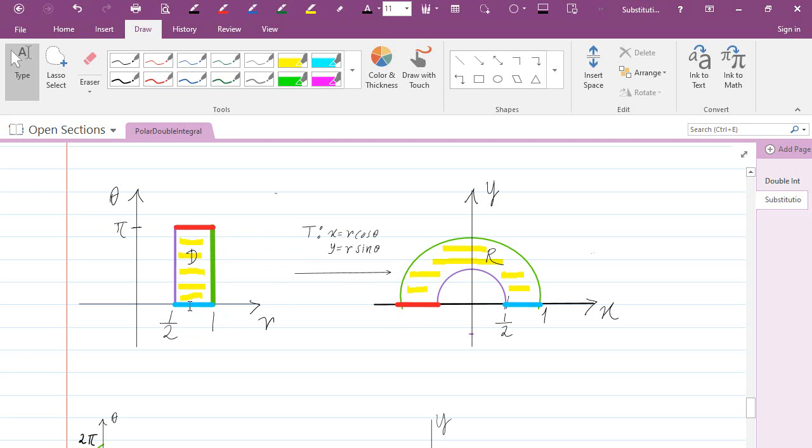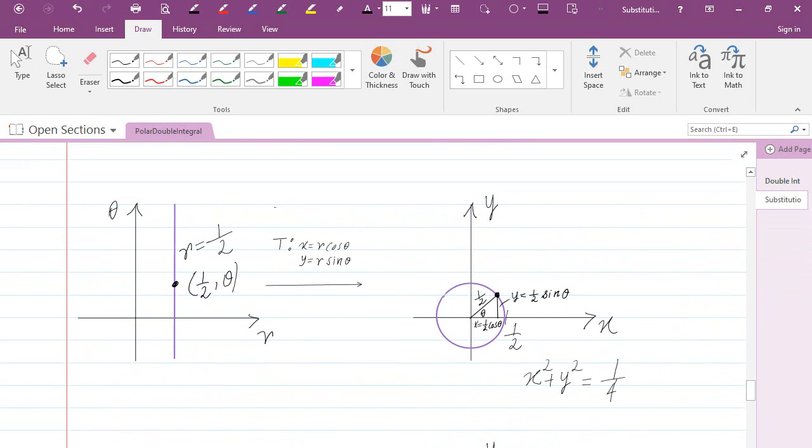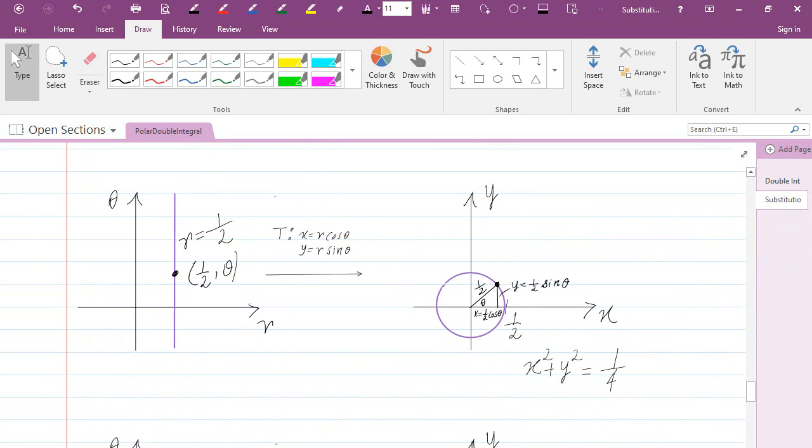It maps the blue segment to the blue segment here. It maps the green side to the upper half of the circle of radius 1. It maps the purple side to the upper half of the circle of radius half. Again, that's something that we know from the previous example.